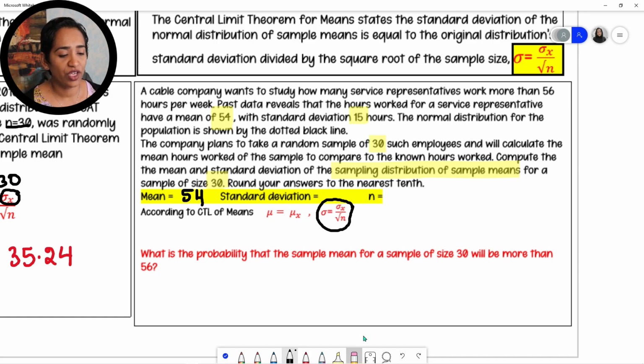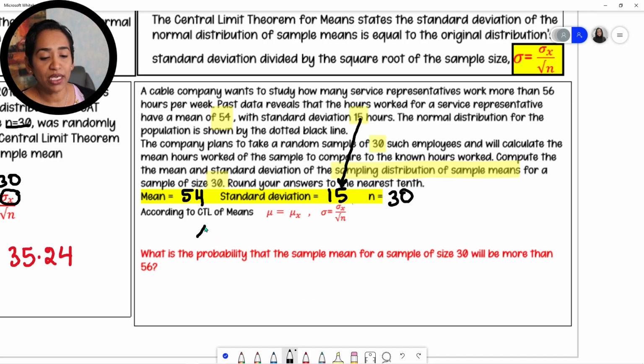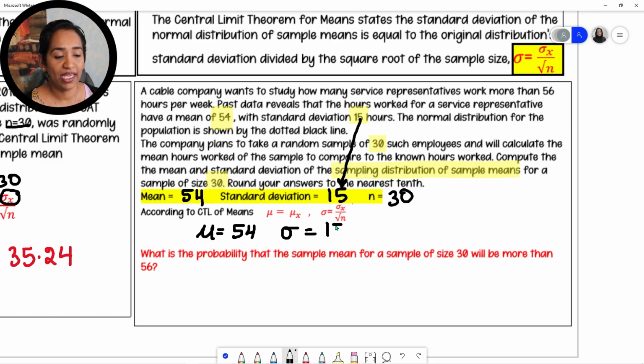The standard deviation is 15, as I have it from right here, and the sample size is 30. So the mean mu is the same as the mean of the distribution, which is 54, right? And the standard deviation is simply the standard deviation divided by the square root of 30.